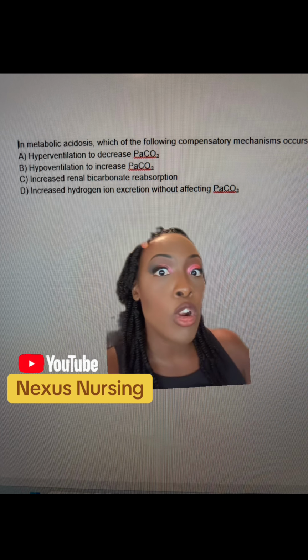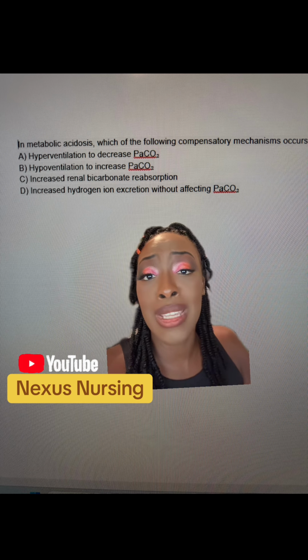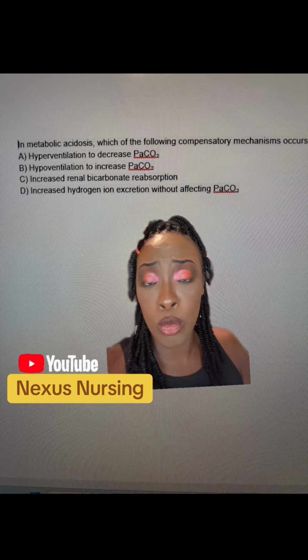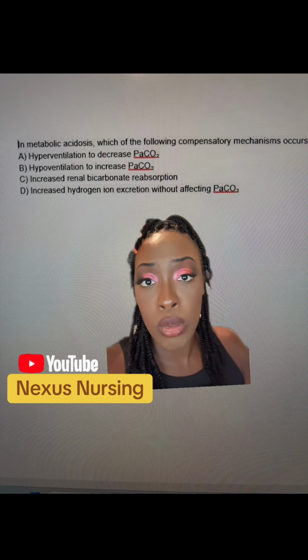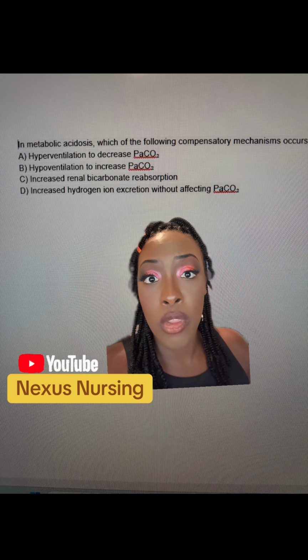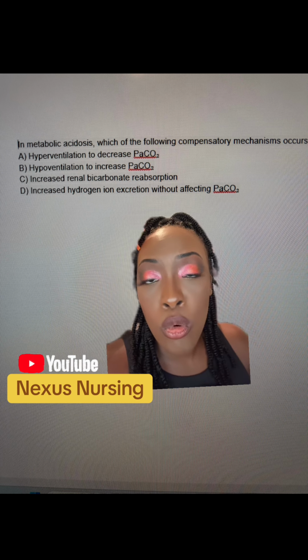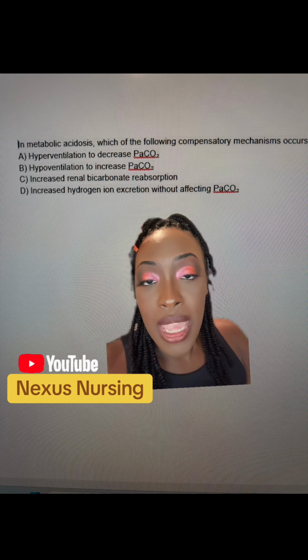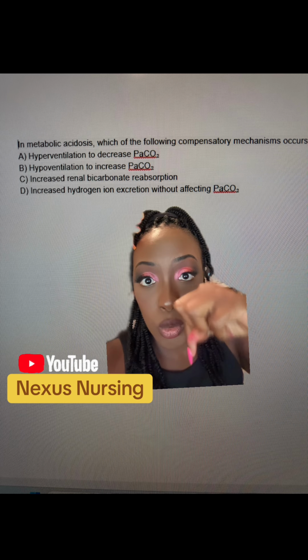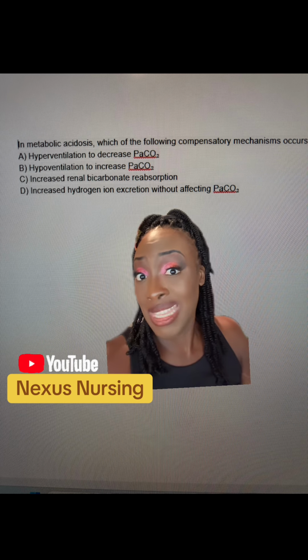So if the kidneys are in trouble, and the kidneys are responsible for shooting out HCO3, which is our bicarb, it's not doing that. The patient's in metabolic acidosis, and the lungs are an organ that can help. The lungs can only do one of two things. They can increase or decrease respirations. That's it.